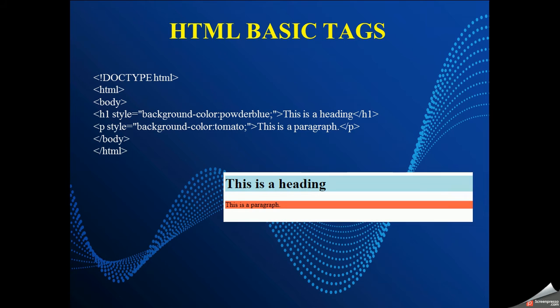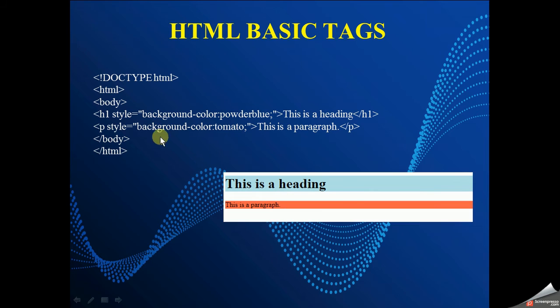Now the second thing: if you write the style attribute in the body tag, it will be reflected in the whole web page. But what if you want it only on individual tags? Suppose you want your heading to have a different background color and your paragraph to have a different background color.